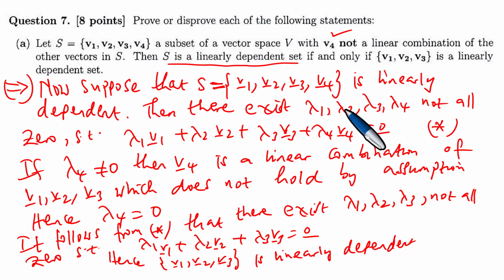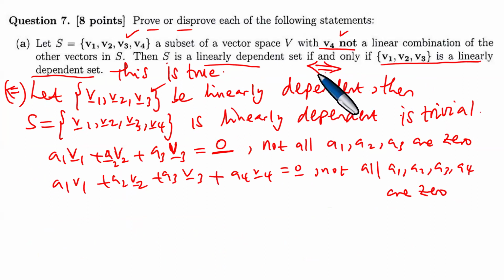Okay, so to prove this, I proved it in 2 ways. If you need to prove an if and only if statement, because it's in both directions, you start from the conclusion and deduce the premise.